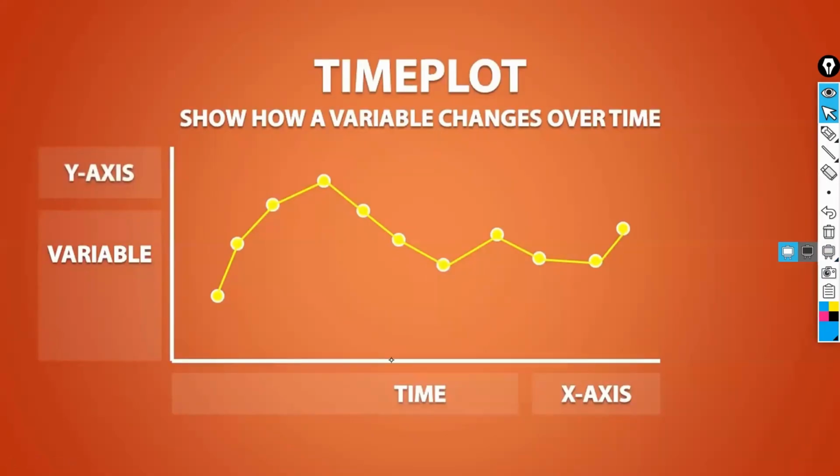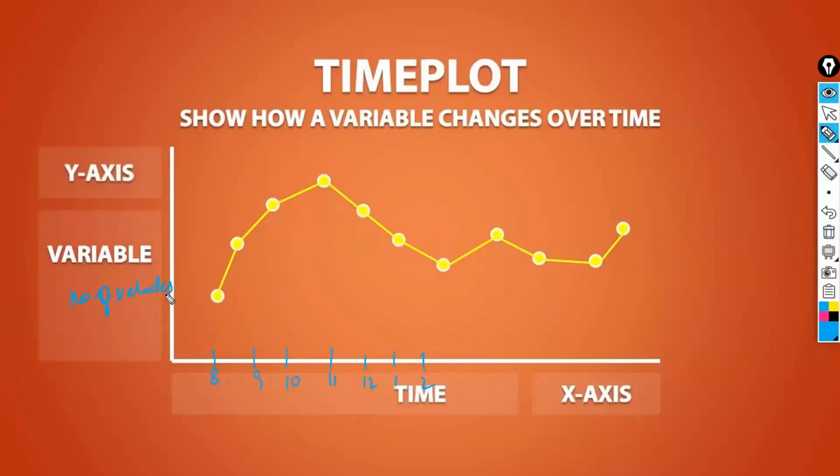In Ameerpet, the traffic at morning 8 o'clock, 9 o'clock, 10 o'clock, 11 o'clock, 12 o'clock, 1 o'clock, 2 o'clock, like this. As the time changes, how the value is getting changed. Your traffic means in terms of number of vehicles. Number of vehicles passing the signal. More number of vehicles passing the signal means more traffic is there. Less number of vehicles are passing means less traffic is there.